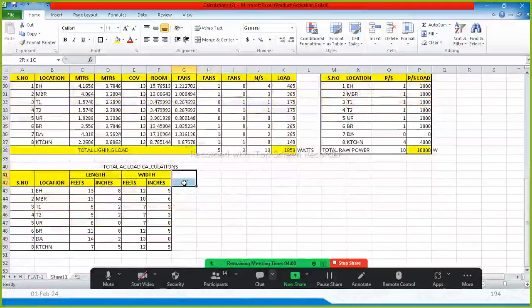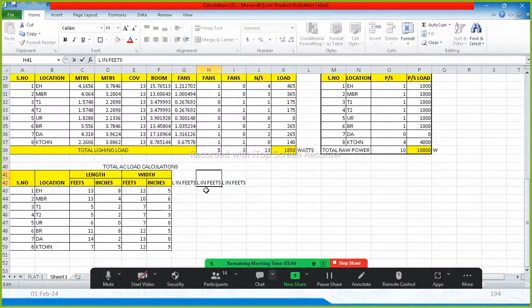Now we require the L in feet, W in feet, and area in SFT, that is length in feet, width in feet, area in square feet.